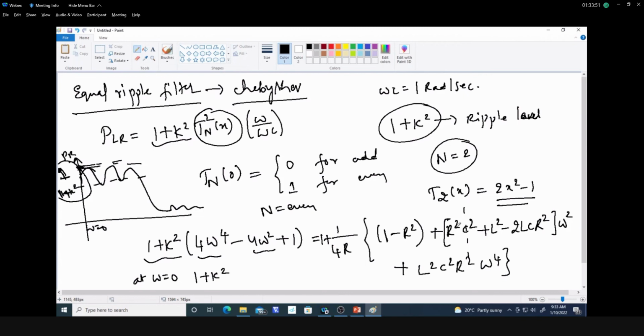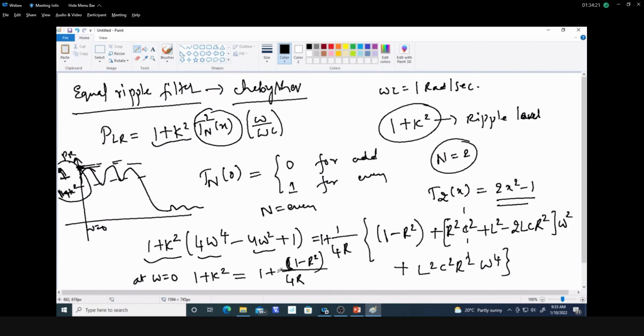This term will be 0 and this term will be 0, and we get 1 plus 1 by 4r, this into 1 minus r square. Now this 1 will get cancelled, so you get 4k square, which is nothing but 1 minus r square by r.